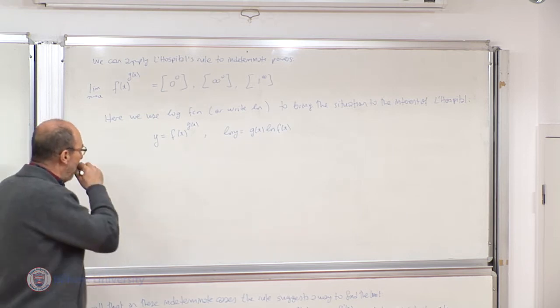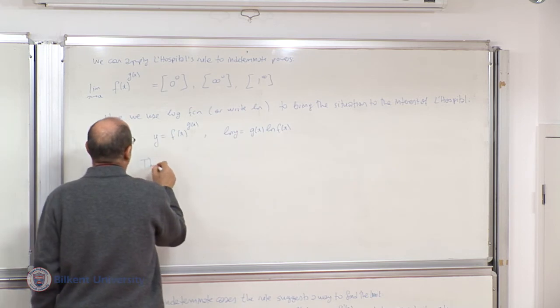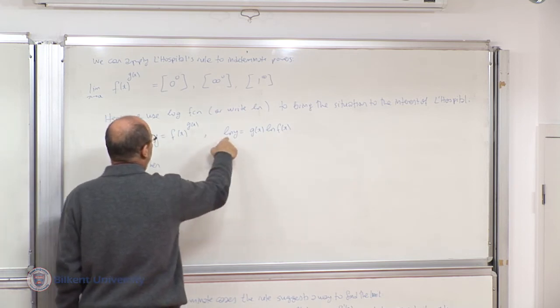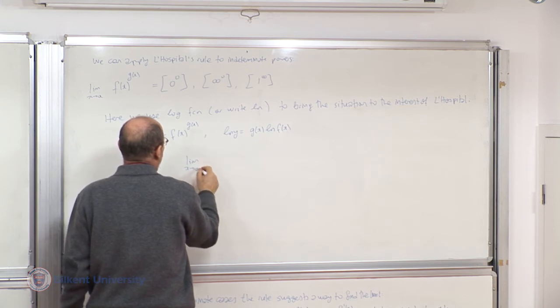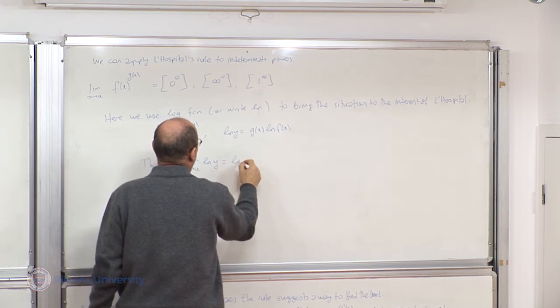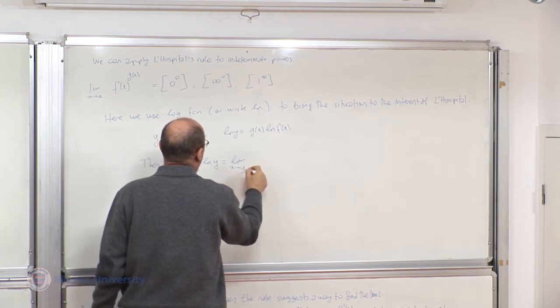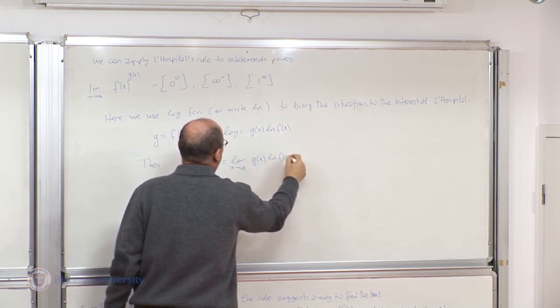Then we are interested in the limit of y, but first we start with the limit as x goes to a of ln of y. Okay, so this is the limit as x goes to a of g of x ln f of x.